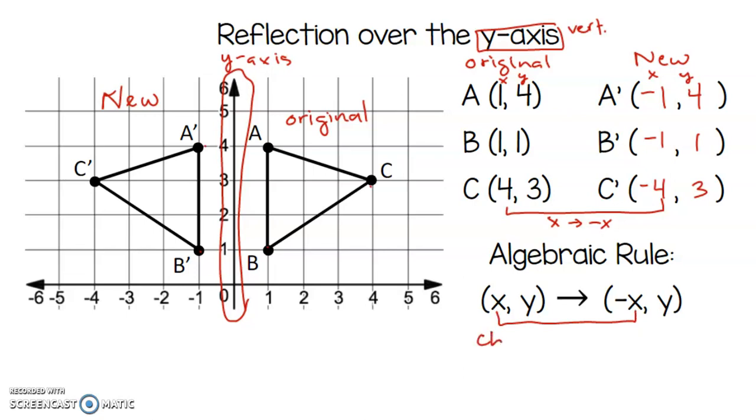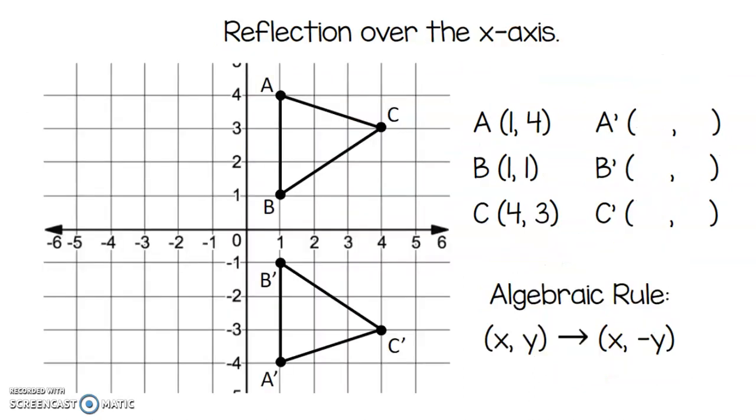When we flip over y, we're going to change the signs of the x coordinate. The y stays the same because we still need everything to line up, but the x values have to be opposite signs. So that's when we flip over the y-axis, the vertical axis.